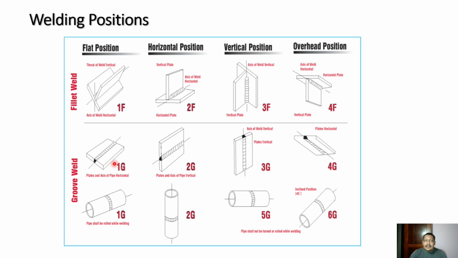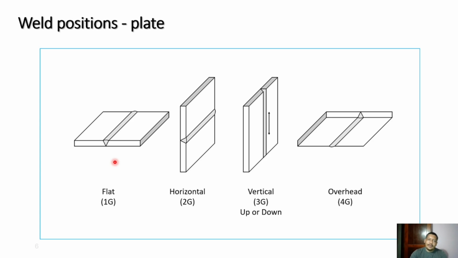In all the previous figures, you can see a groove is made and the weld is performed on the groove only. So if a groove is made, we use the English letter G.